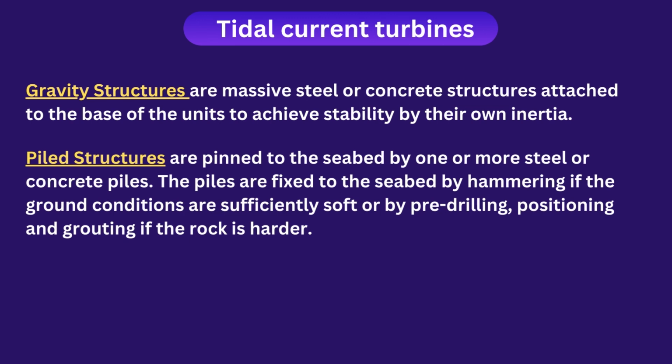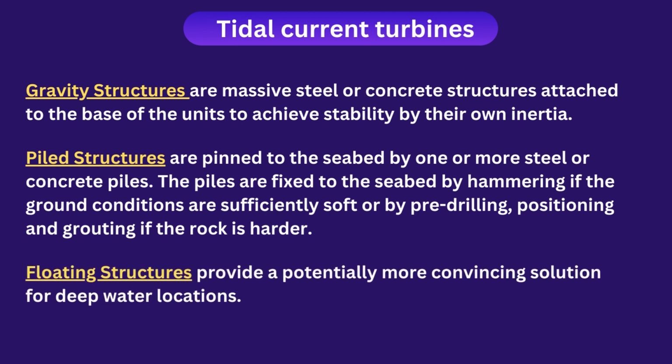The piles are fixed to the seabed by hammering if the ground conditions are sufficiently soft, or by pre-drilling, positioning and grouting if the rock is harder, depending upon the rocks. Then floating structures. They provide a potentially more convincing solution for deep water locations.